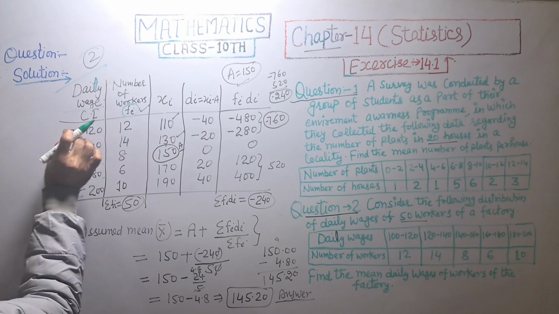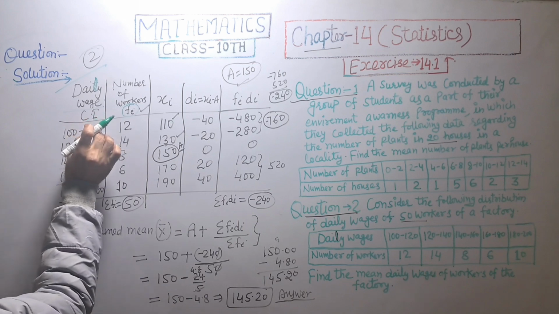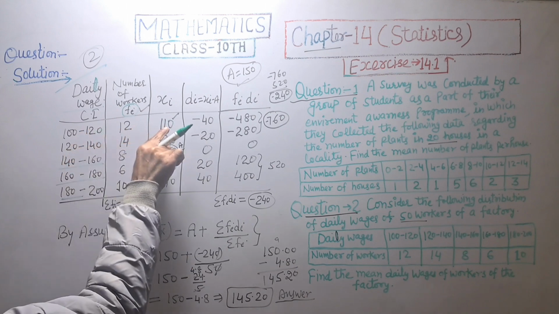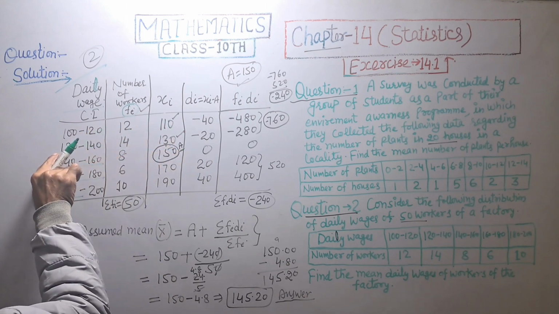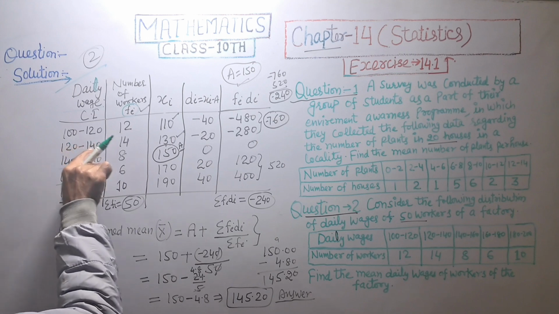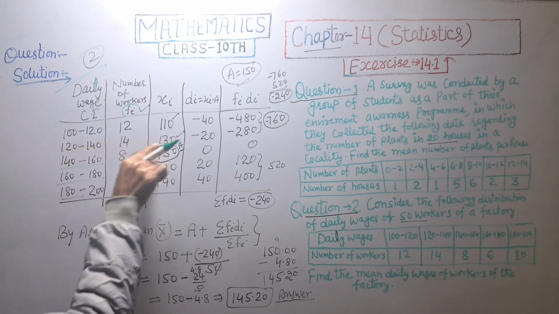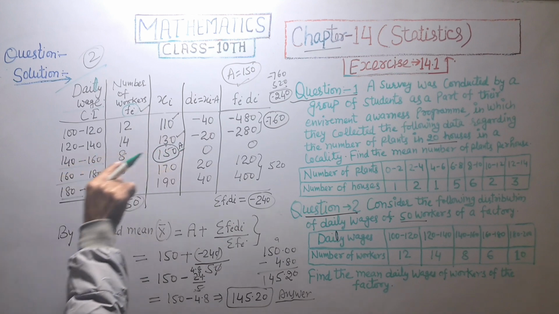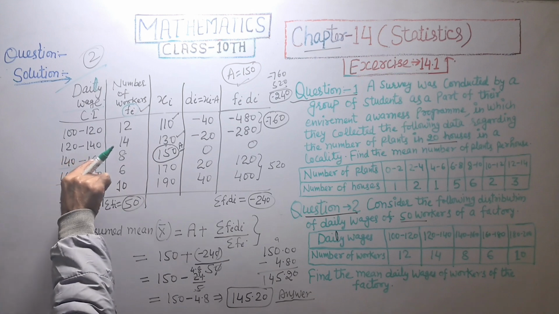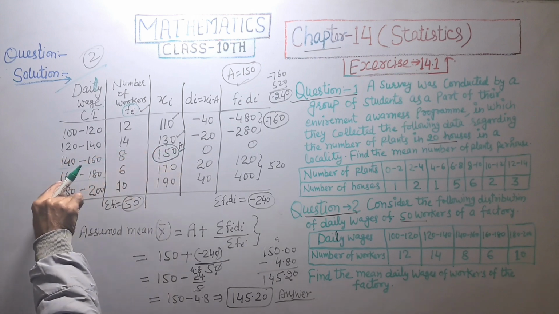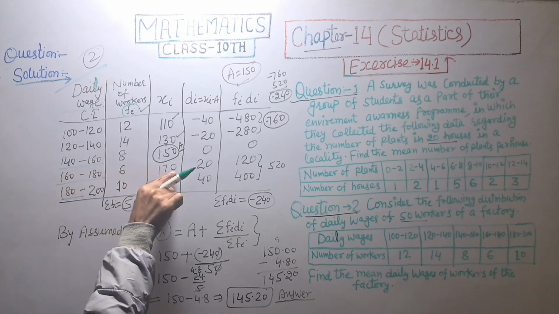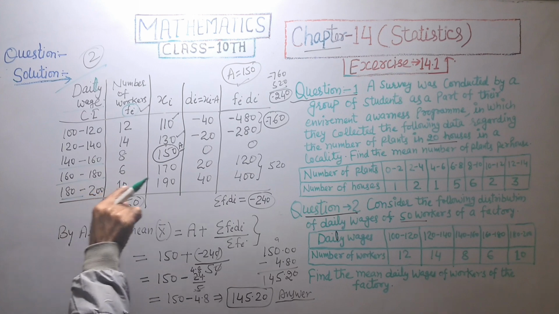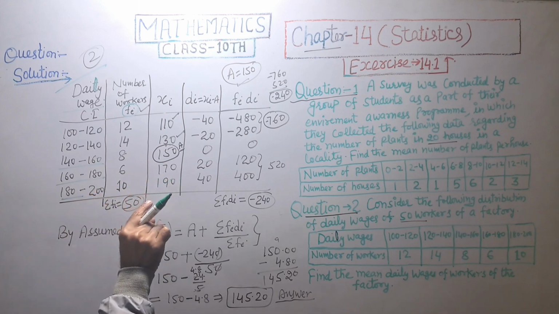For class interval 100 to 120, 100 plus 120 is equal to 220, and 220 divided by 2 is 110. Similarly, between 120 to 140 is 130, between 140 to 160 is 150, 160 to 180 is 170, and 180 to 200 is 190.